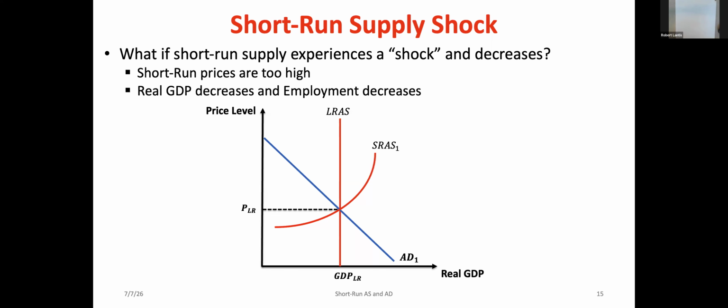A good way to think about this: what is something that would impact supply in the short run, but not the long run? Let's say we have the same number of workers. One of the things I had in one of the slides is that long run aggregate supply assumes the natural rate of unemployment. We know the economy has cycles to it, and if we averaged out these ebbs and flows over the long run, we end up at the natural rate of unemployment.